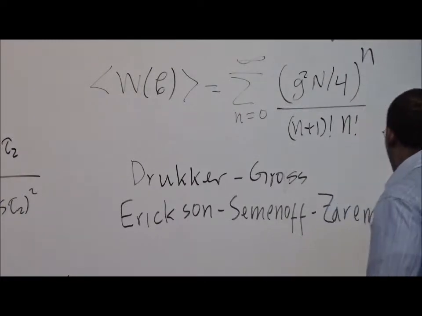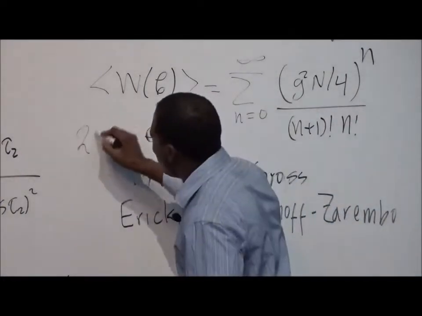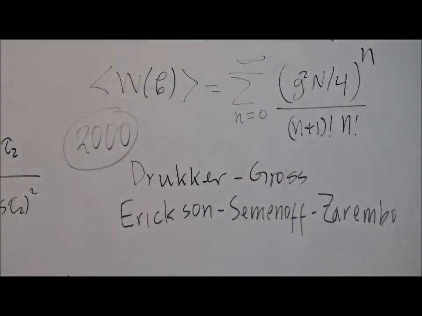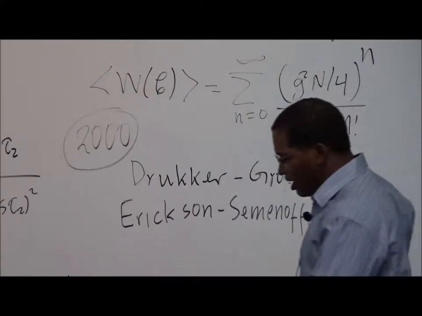So this was in the year 2000. Very quickly after AdS/CFT, it was understood, okay, we need to look at Wilson loops. There's one Wilson loop that is special, this supersymmetric Wilson loop, and let's evaluate it. So they started evaluating this and realized that this is indeed the case. And then right there, they make a conjecture.